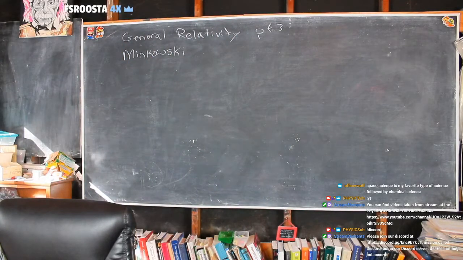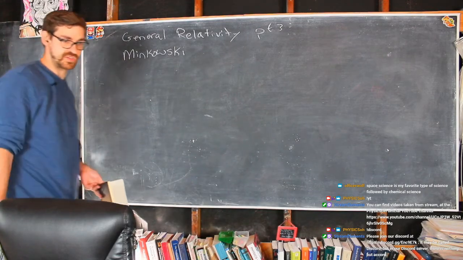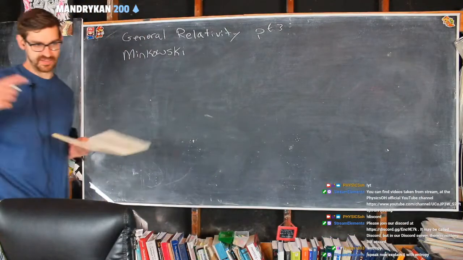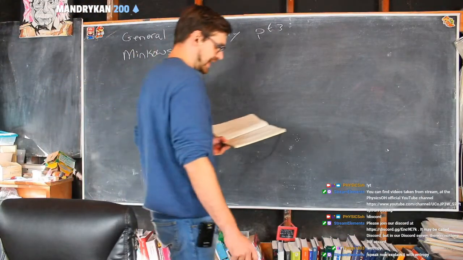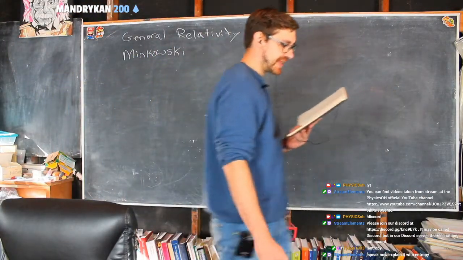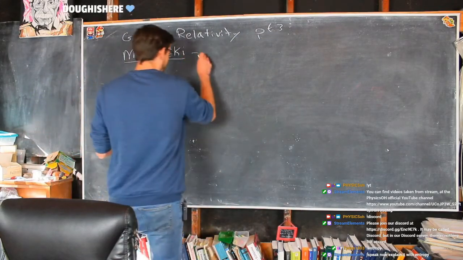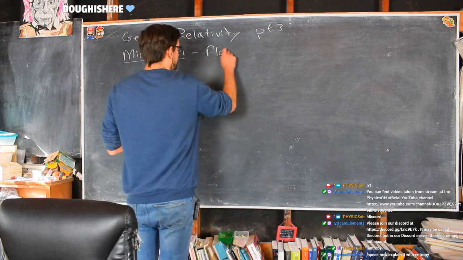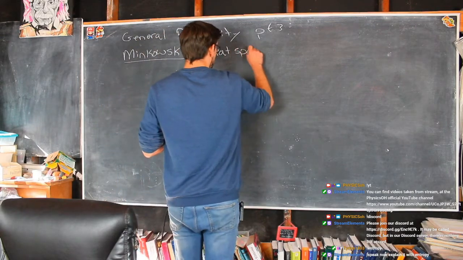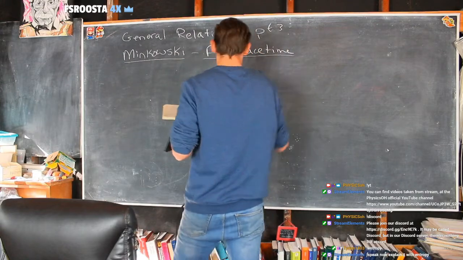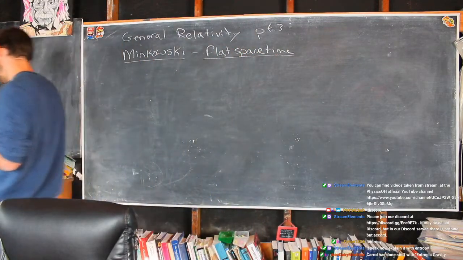Minkowski space-time is the one where there's nothing curving space, no space curvature, no energy density. But we need more tools to evaluate what flat space-time is. So in comes our vector.